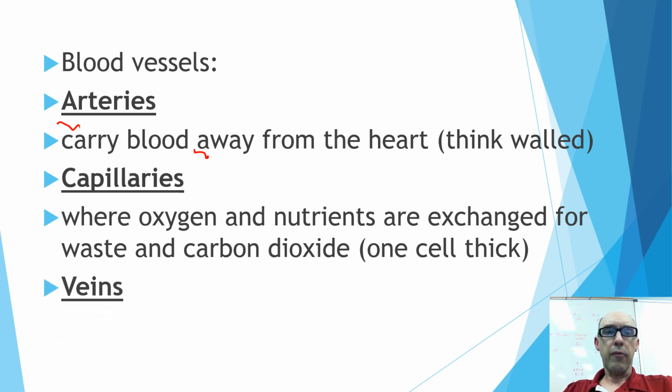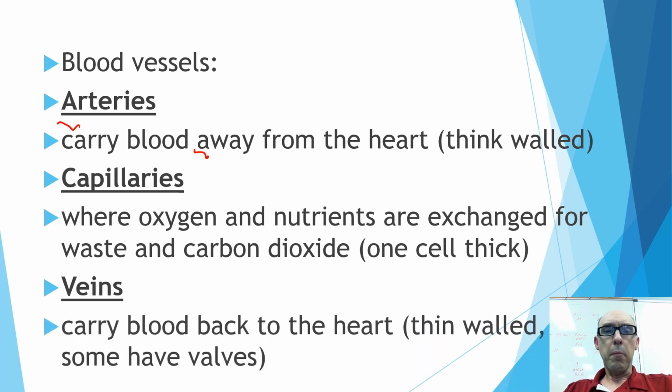Lastly, we have veins. So you see A, C, and V: arteries, capillaries, and veins. They are in alphabetical order if you take them from the heart. The veins carry blood back to the heart because they've already had to drop the pressure from those arteries in order to not break the capillaries.